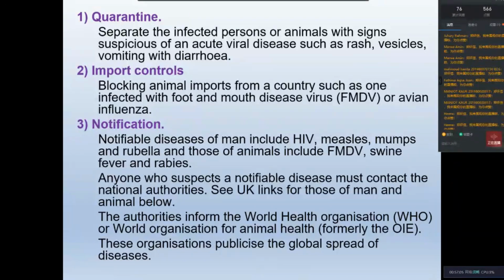A second method is import control. So this usually means animal products. We control the imports so that viruses from other countries won't get into your own country. The example here is the African swine fever, which is caused by a DNA virus.